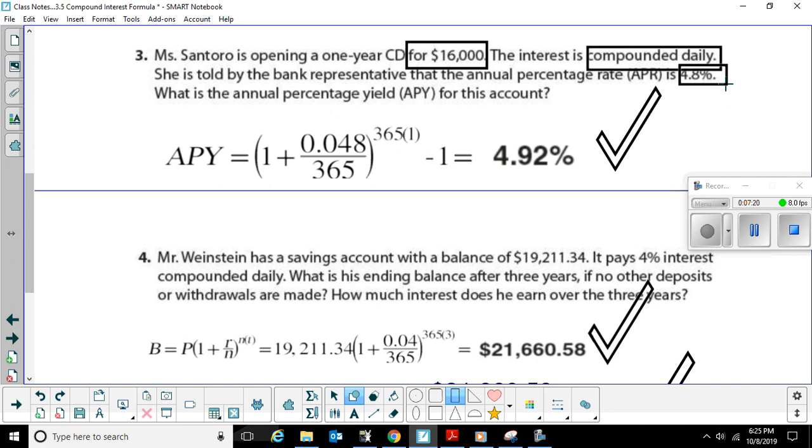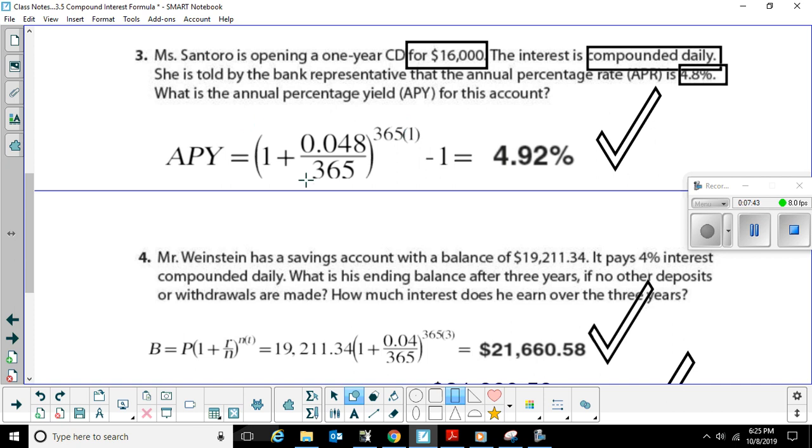Okay, well, here's our principal. Here's our compounded daily, 365. That is also in the exponent. There's our rate or percentage, and we know this is for a solid year.